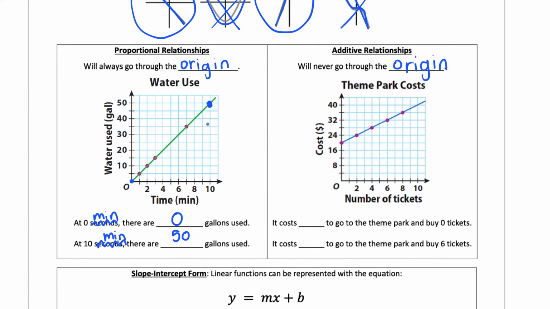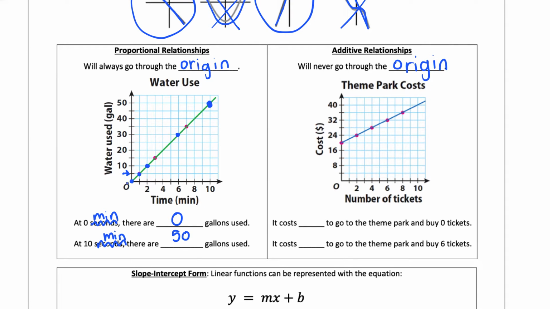So you could find out how much it takes to go maybe 6 minutes. Well, that would have been 30 gallons. If I have 2 minutes, it's taken 10 gallons up. So how long would it take, or for 1 minute, how many gallons would we get? So we look at our 1 on our time for our minutes, and we line up to this marking right here.